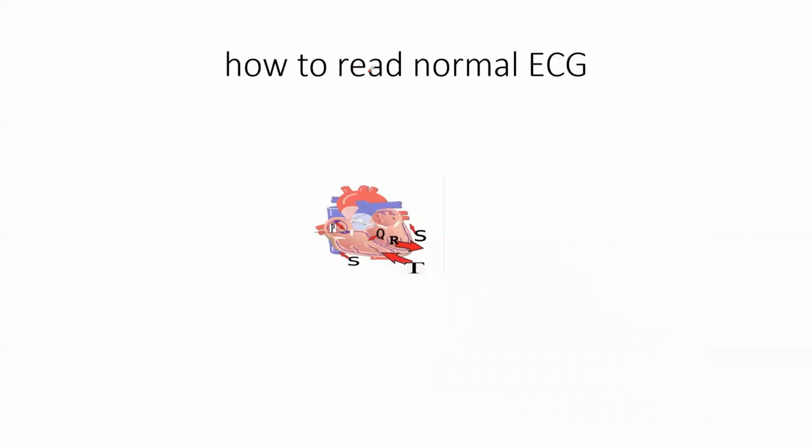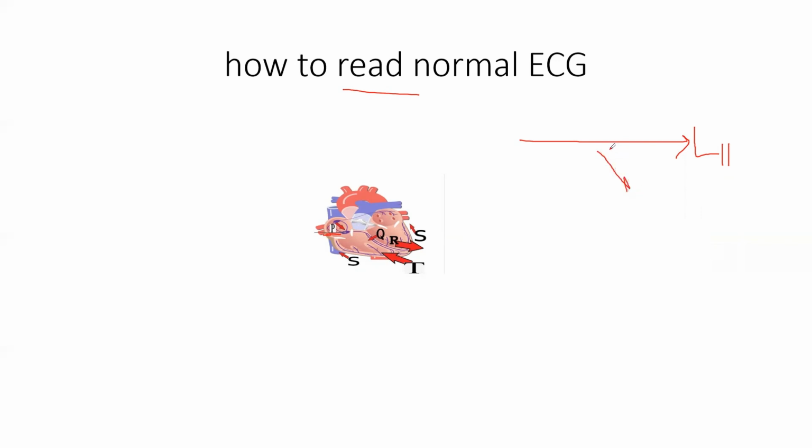For now, how to read, or let's say how to write, a normal ECG. Let's say we want to write for lead 2. This is lead 2 going this way. From the beginning, we have the P wave, and the vector is moving this way.